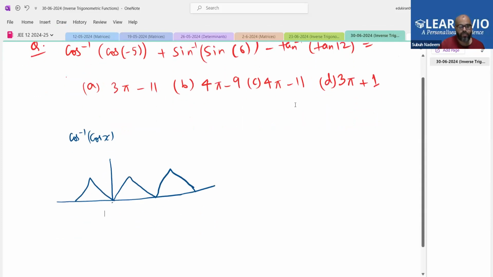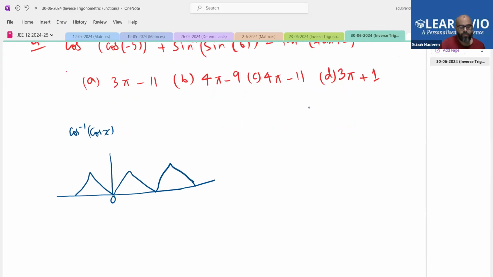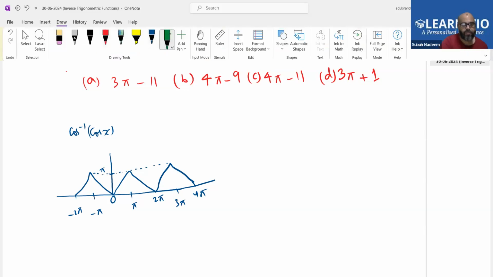This is 0, this is 2 pi, this is pi. Similarly, this is 3 pi, this is 4 pi, this is minus pi, this is minus 2 pi, and so on. So this is the graph of cos inverse cos x. You should remember this graph. We are not deriving this graph, but at least you should remember it.